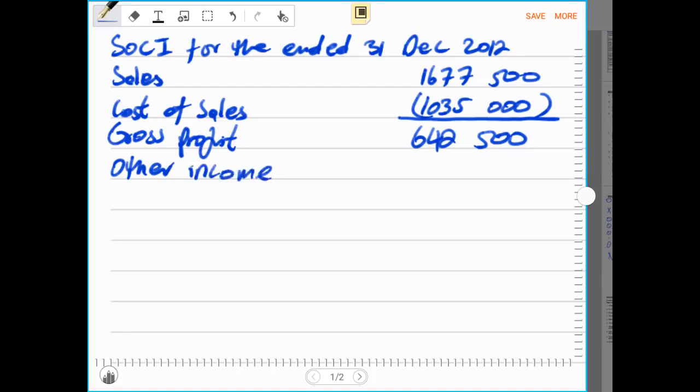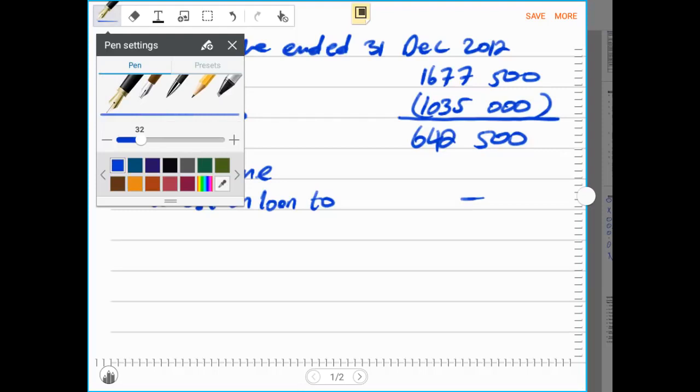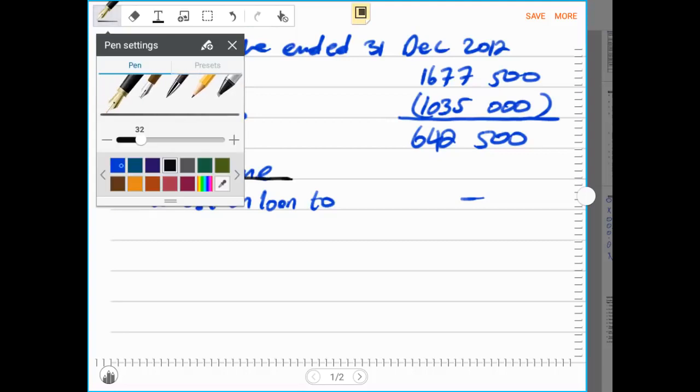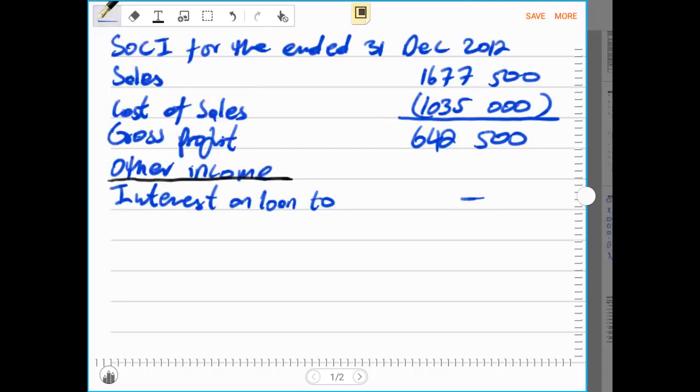Under other incomes, you can record interest on loan to, if there is interest on a loan to. But in this case, the loans were free of interest, so there's nothing to worry about in other incomes. However, you must know that interest on a loan to can also be recorded under other incomes.